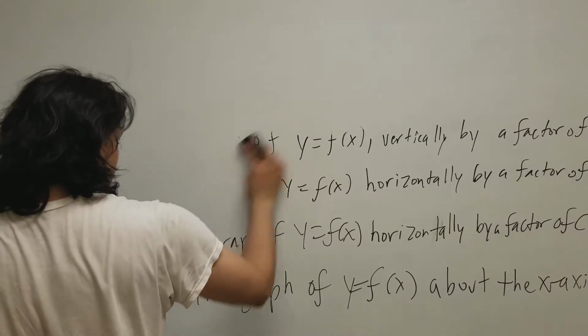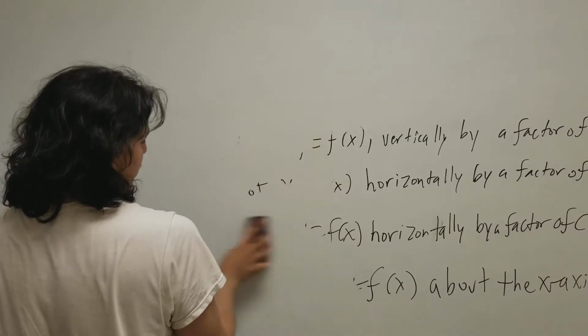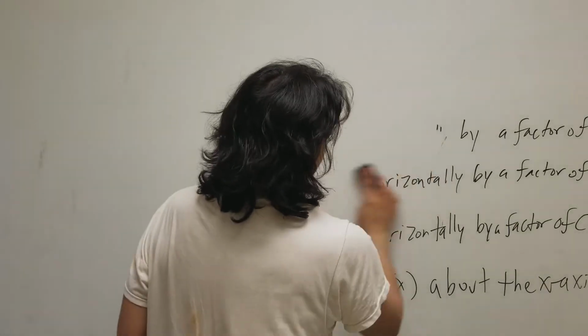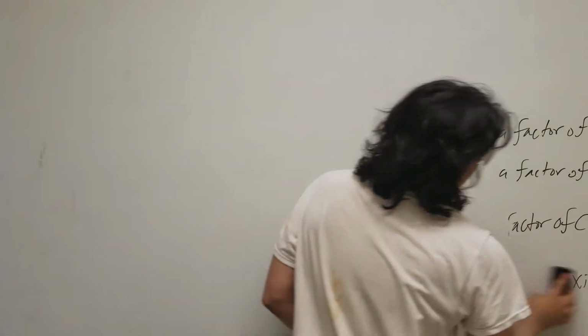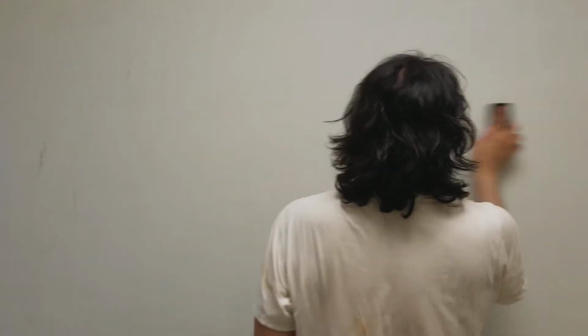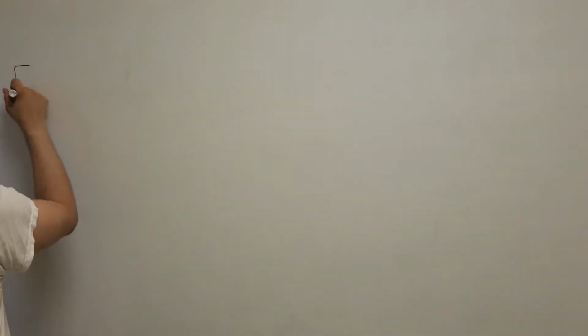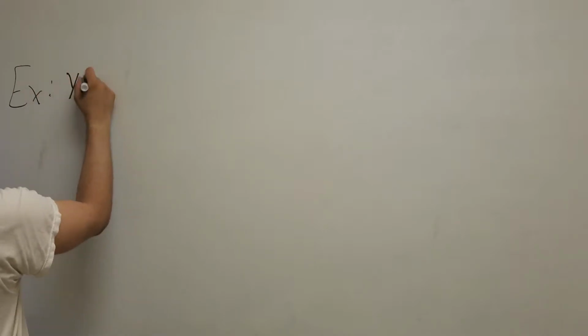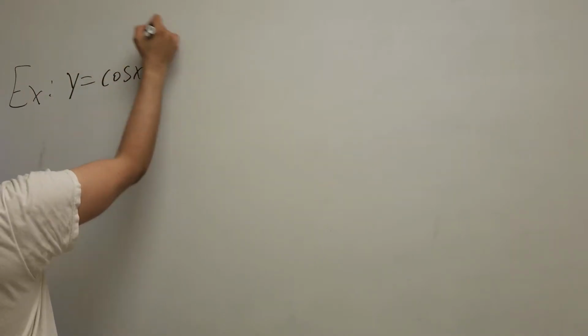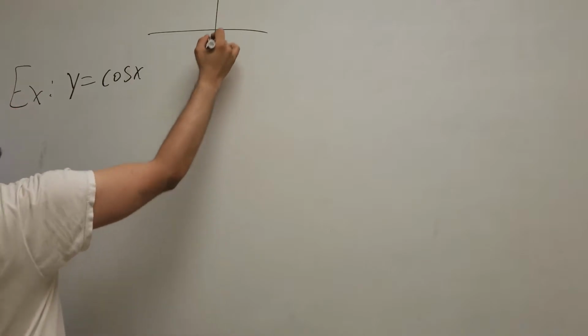I'll give you two different examples of functions that relate to some of the cases here. Our first example, y equals cosine of x. We know what the cosine looks like.